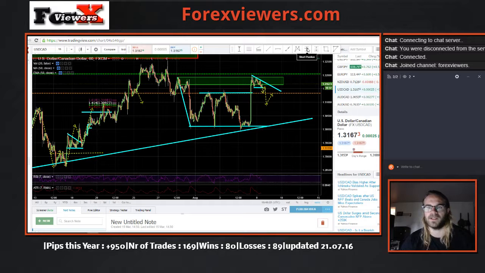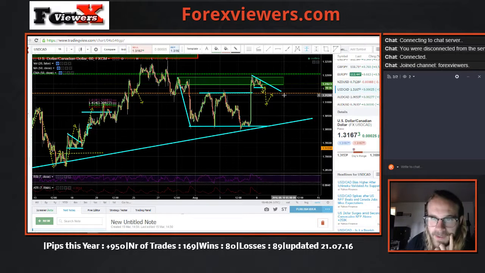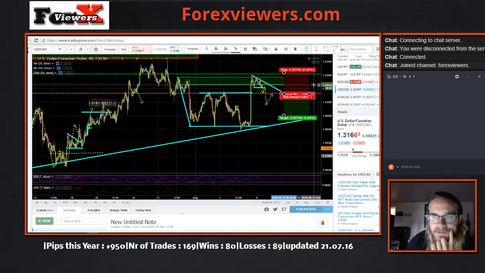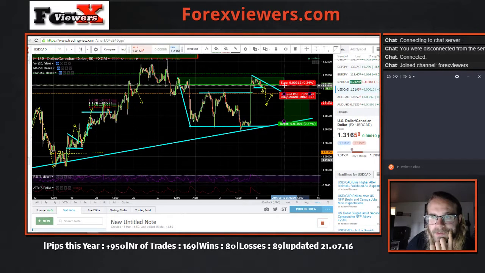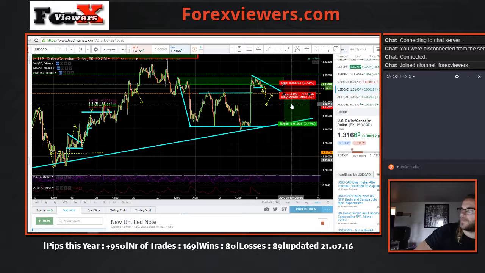So in a hypothetical scenario, I could shoot for targets down in here. The ATR is pretty good. 13 above this, so 29. Let's say 30. Pretty good risk to reward. More than a 3-to-1.